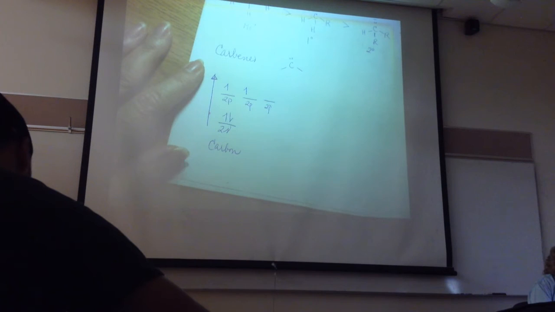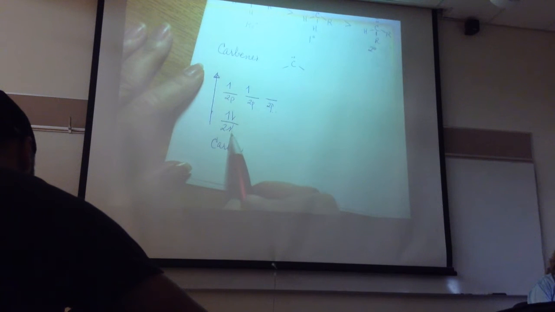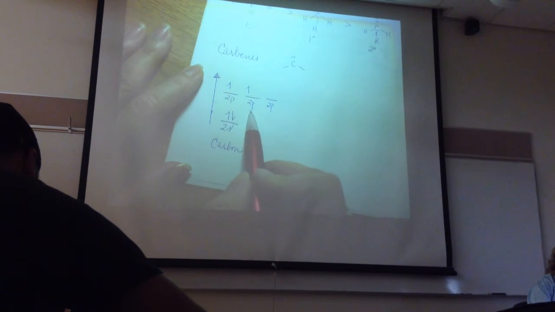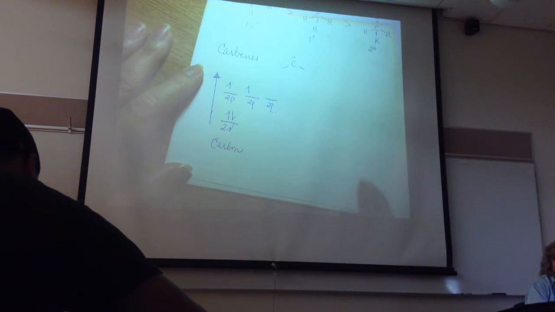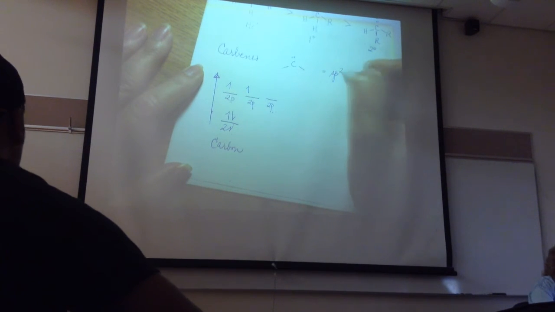See the story? I have an empty p orbital, I have the lone pair, and then I have my 2 unpaired electrons. So that's how the carbenes are. For me, the easiest way to explain a carbene, because these guys are also sp2 hybridized.